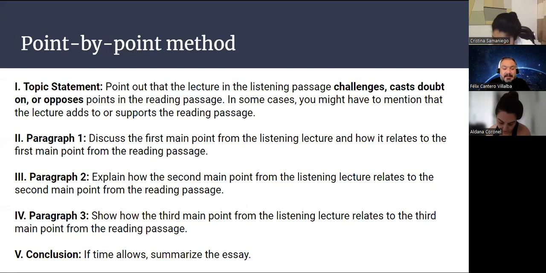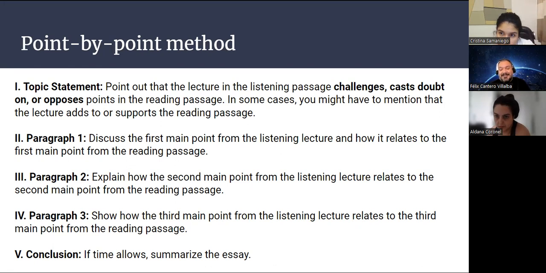Okay. Aldana? In the reading passage, they talk about a real theory that emotions are genetically hardwired into human beings. And nowadays, we know it's a social construction. We don't know.